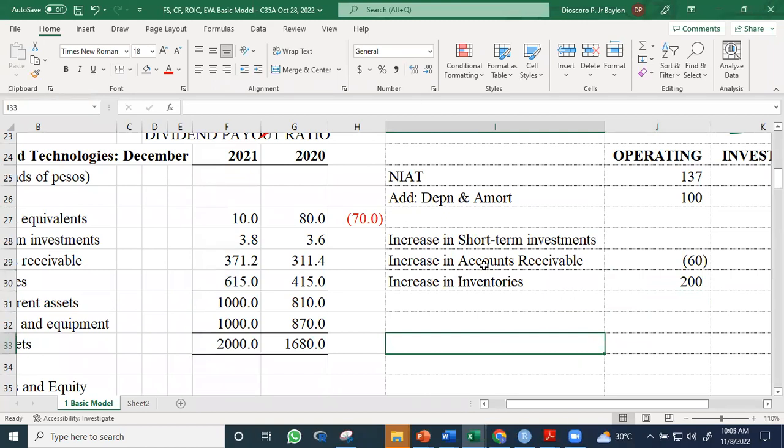Okay, so increase in accounts receivable, source of cash, 60. And then increase in inventories, use of cash. So source of cash also.